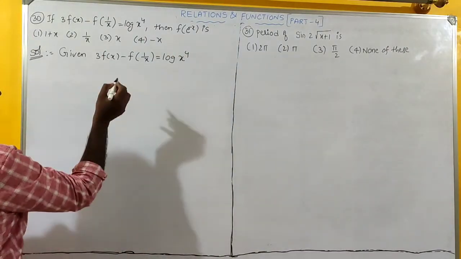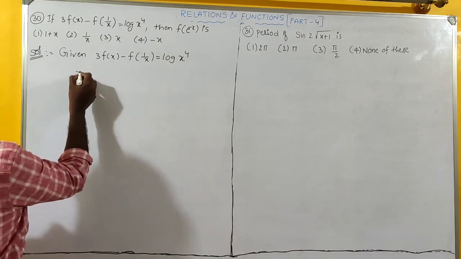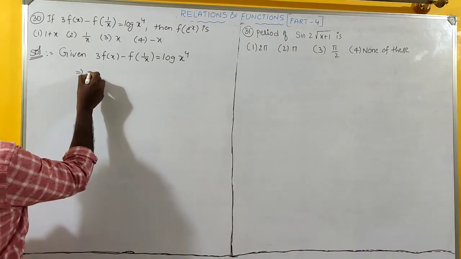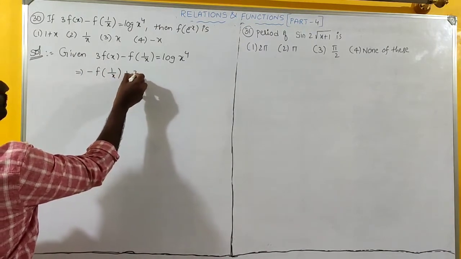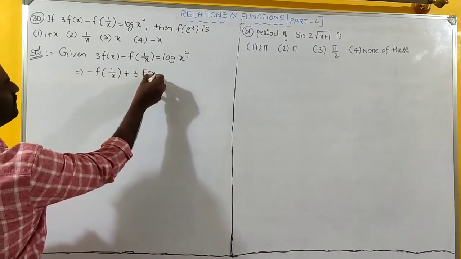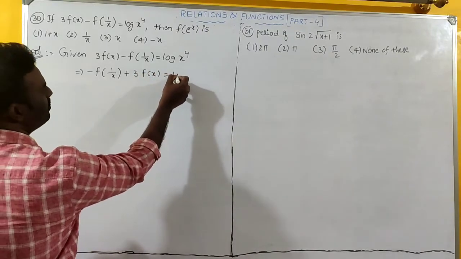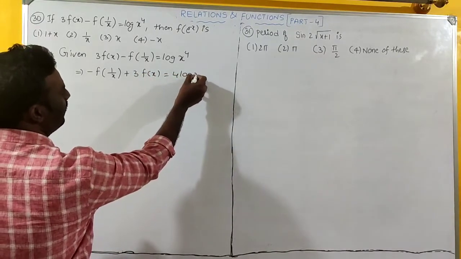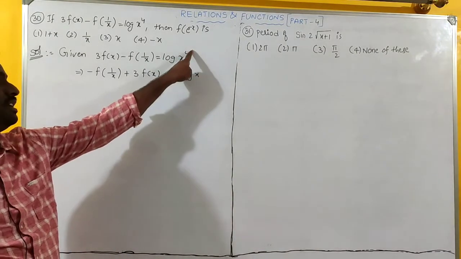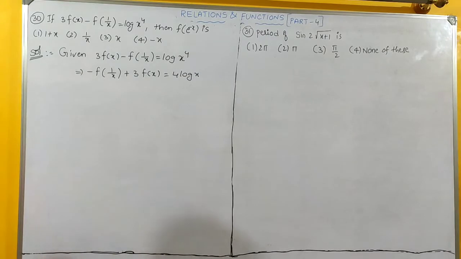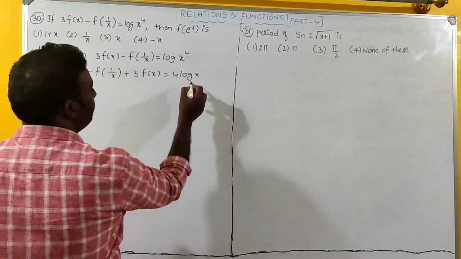Now, this can be written as minus f of 1 by x, I am writing first, plus 3 into f of x equals 4 log x. Why? Because in logarithms, the power value comes first. This is equation 1.